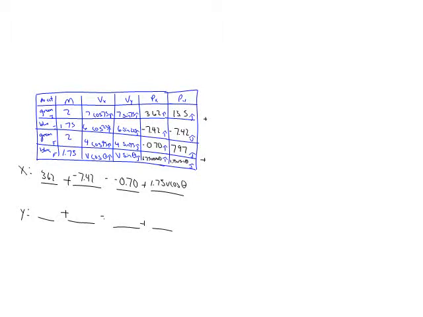In the y dimension, again, go straight down the momentum y column, 13.5, negative 7.42, 7.97, and 1.75 v sine theta.